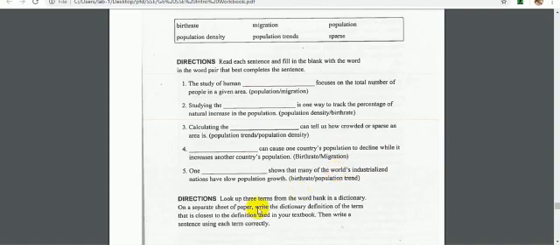The other country that you migrated to will have a higher population. Number 5, one space shows that many of the world's industrialized nations have slow population growth. It is, of course, birth rate.